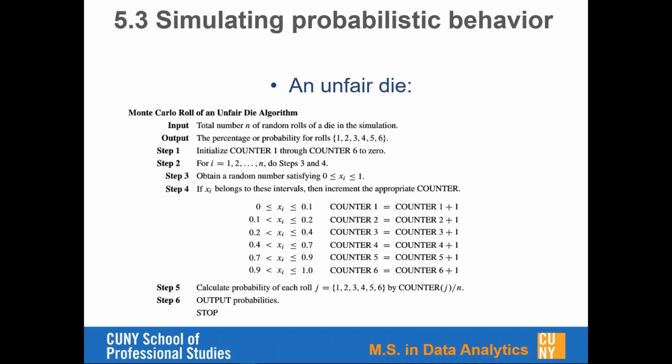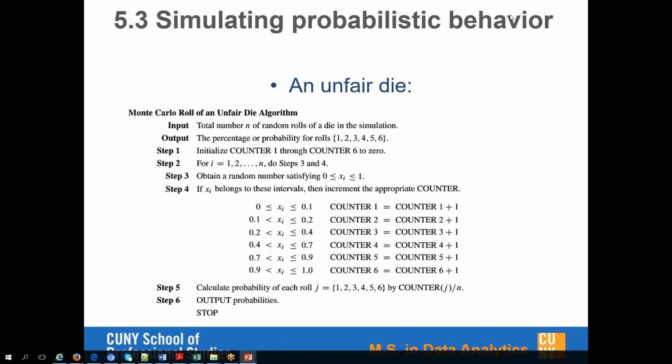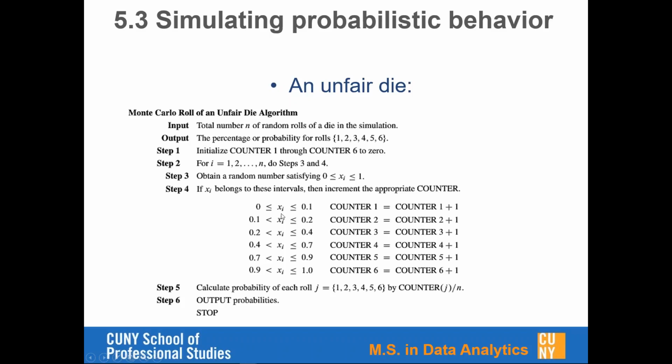What if it's unfair? You have different probabilities: the first is around 0.1, the second is 0.1, the third is 0.2, the fourth is 0.6.